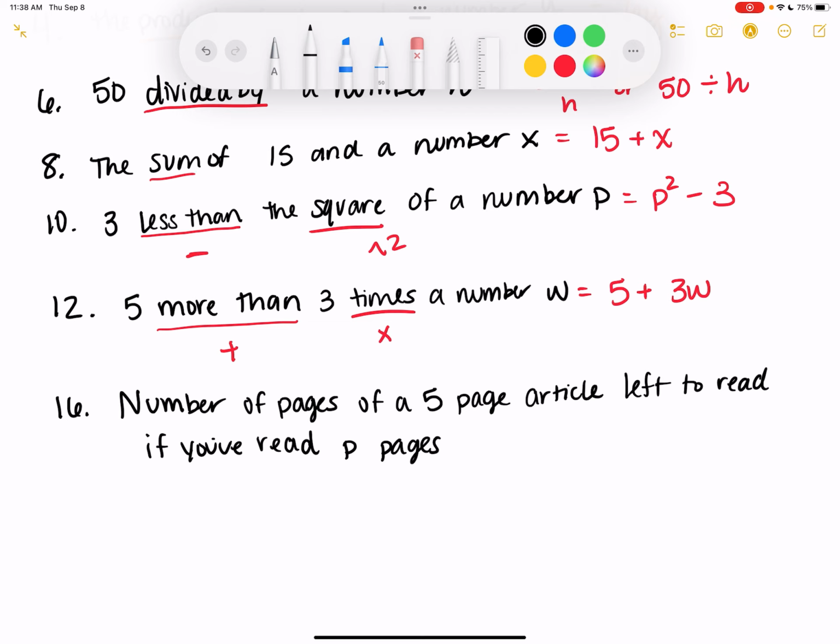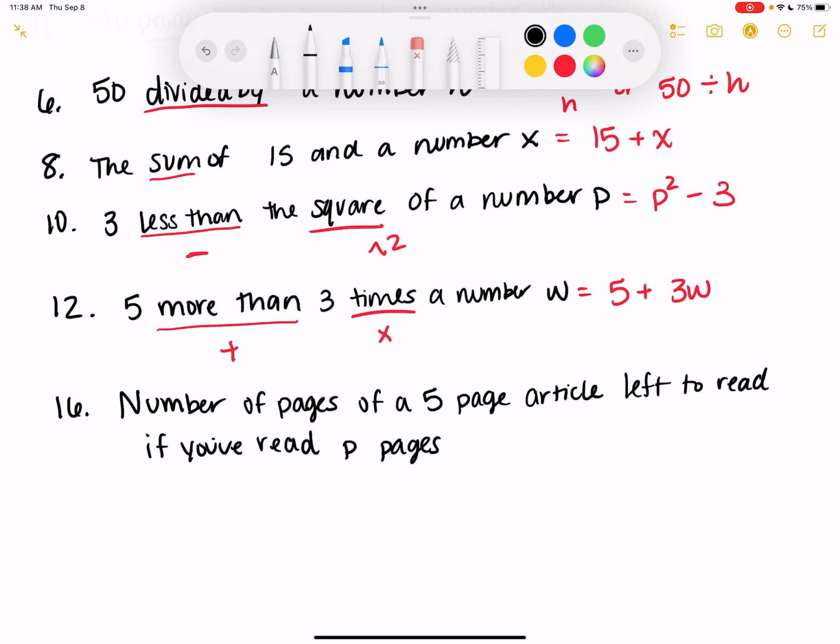So these ones aren't always going to be as nice and tell you that, you know, like in the last one it said more than and times. So that told you right away that you needed to do addition and you needed to do multiplication. So these ones aren't always going to tell you that. So sometimes you have to read them a couple times to see exactly what they're looking for.